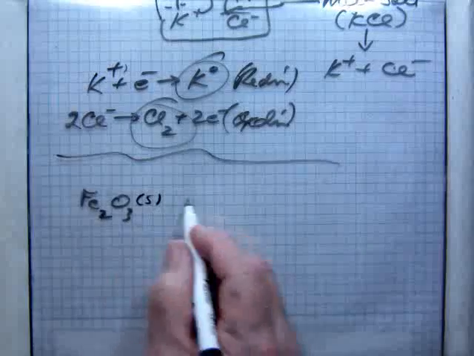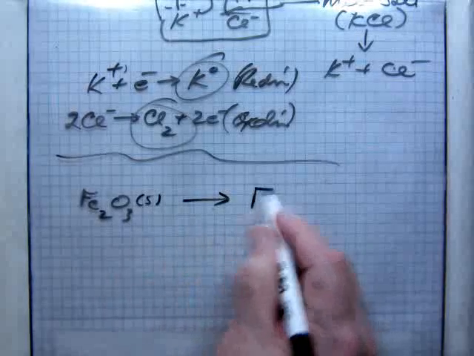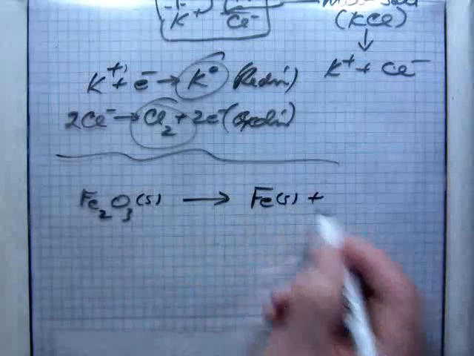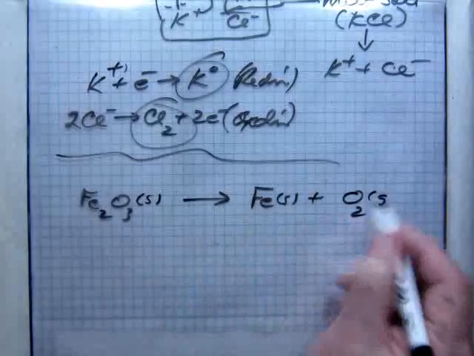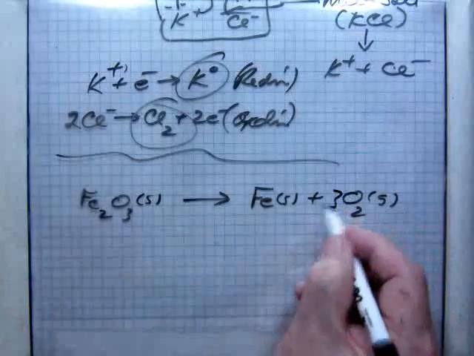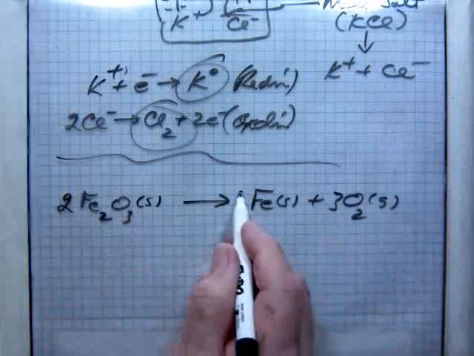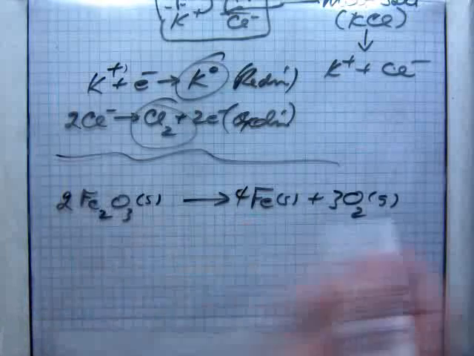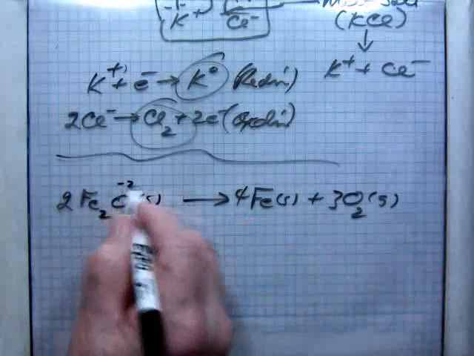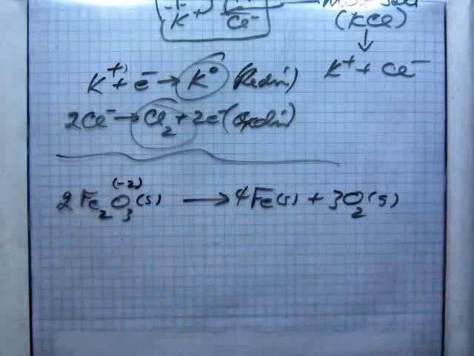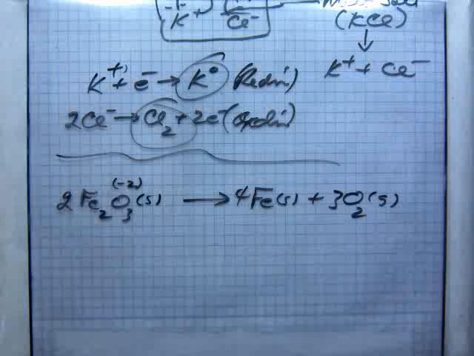As a solid it goes to iron as a solid plus O2 as a gas. I need a 2 here and a 3 here. When you look at these elements, oxygen is always a -2 unless I tell you otherwise. Write that down on the sidebar. Oxygen is always -2 and hydrogen is always +1 unless I tell you different right now.